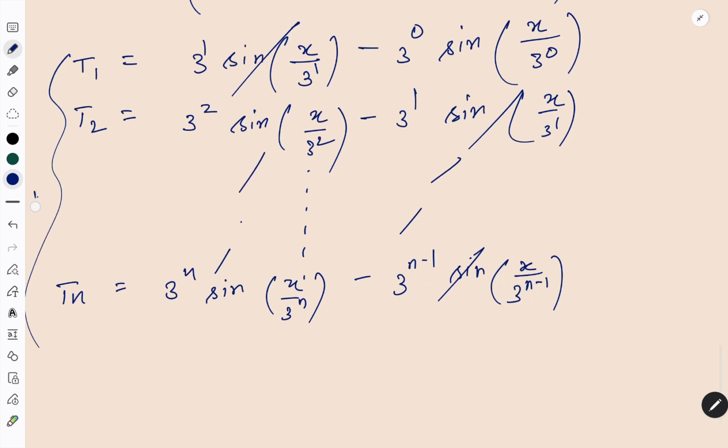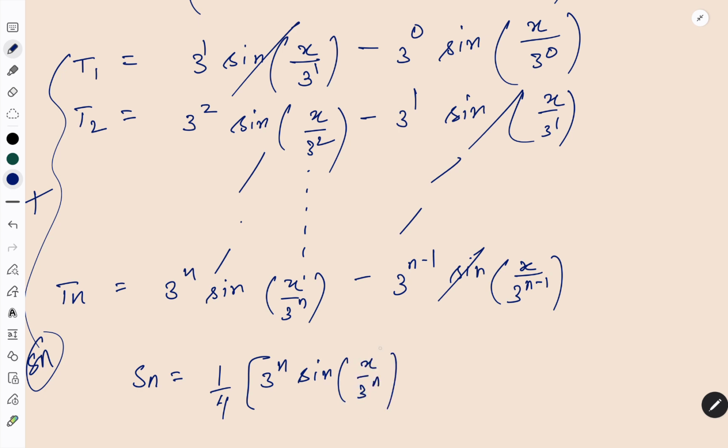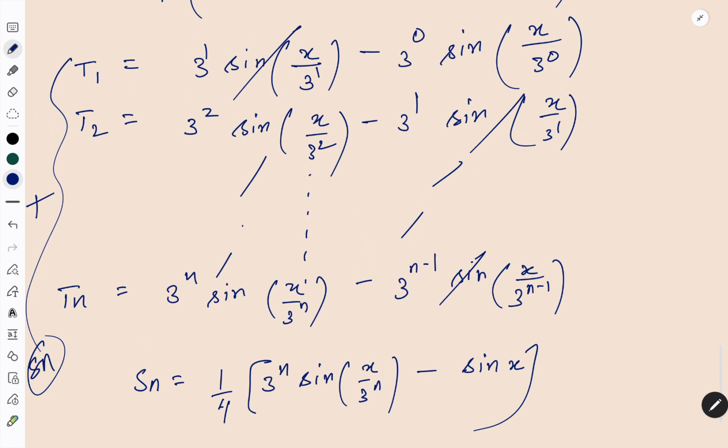And when I add up all those, I get S_n. So my S_n makes up like this. S_n equals 3^n sine of x over 3^n minus sine of x.